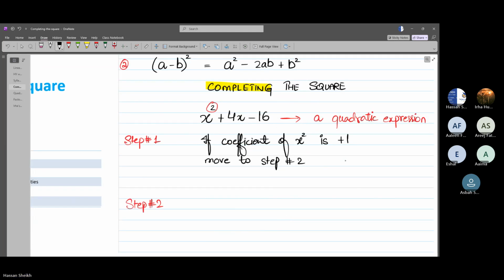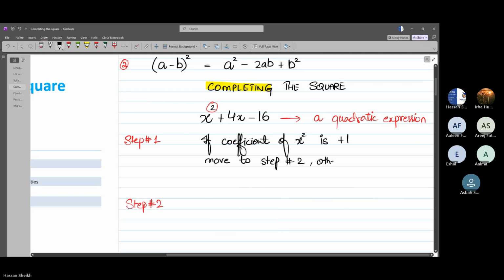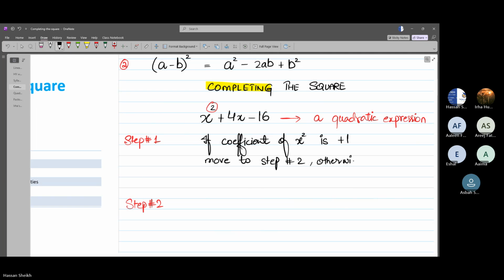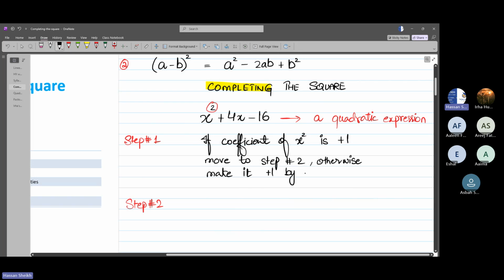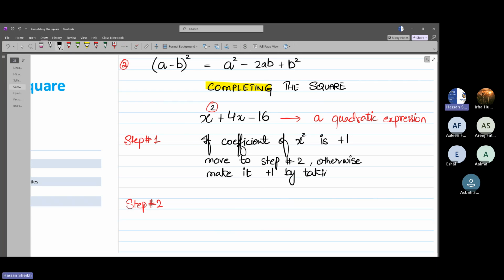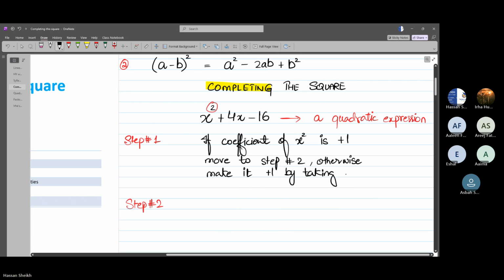Otherwise, make it positive 1 by taking common. We'll see how this would work.